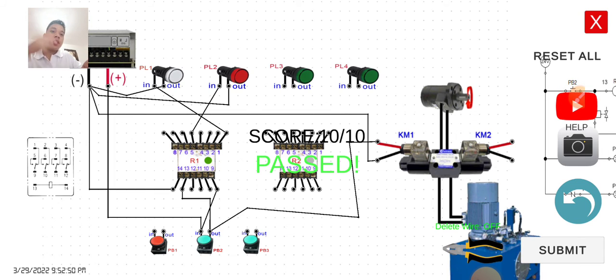You can see the R1 will energize, and also the hydraulic motor is running, rotating, and the PL2 turns on. If I release my finger, the R1 will de-energize, the motor will stop running, PL2 will turn off, and it switches to PL1 to turn on the PL1.